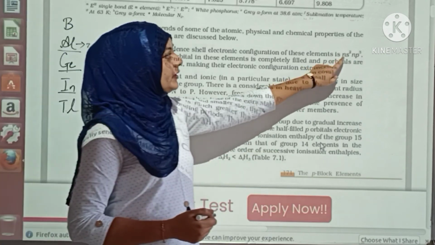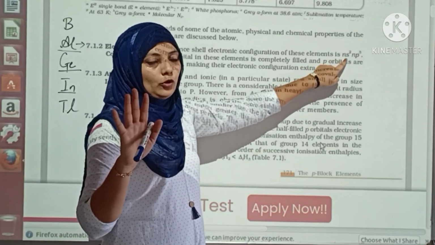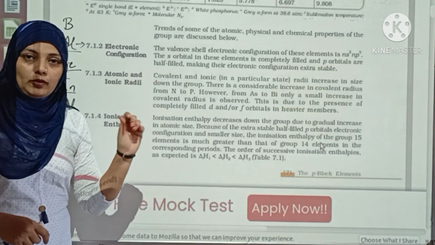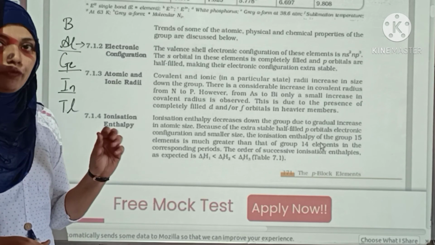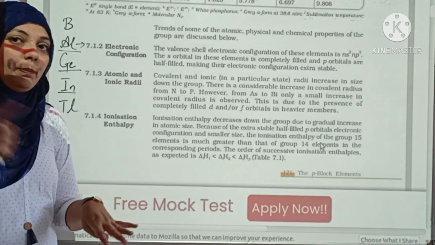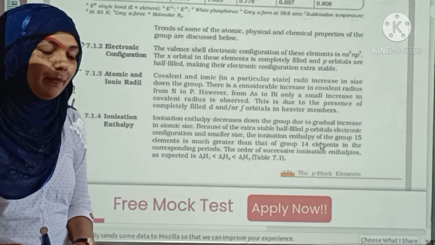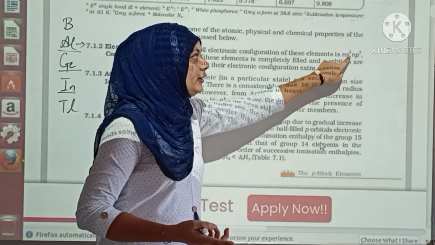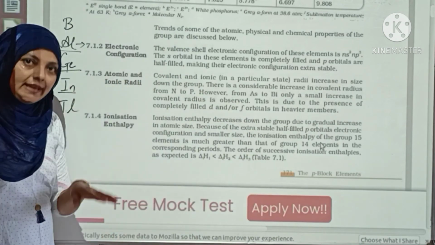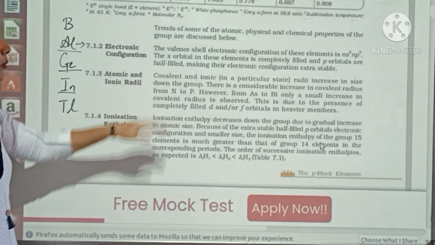It should have 5 electrons in the outermost shell. We have studied in class 10 that if the outermost electrons are more than 3, you add 10 to get the group number. So 2 plus 3, 5 electrons, 5 plus 10, 15th family. Is it clear? This is how we get it.